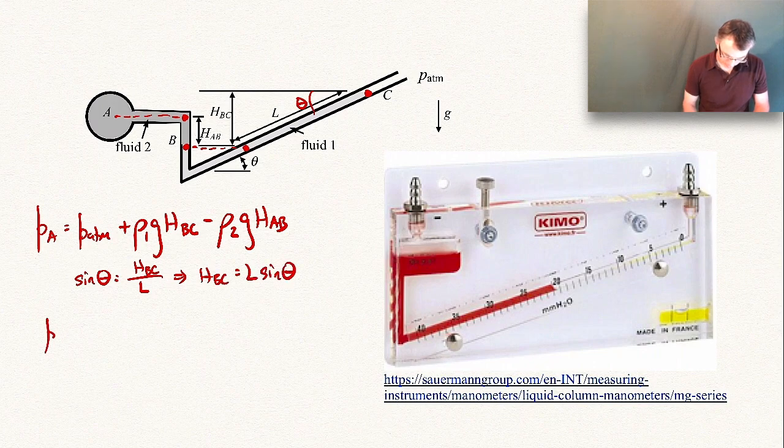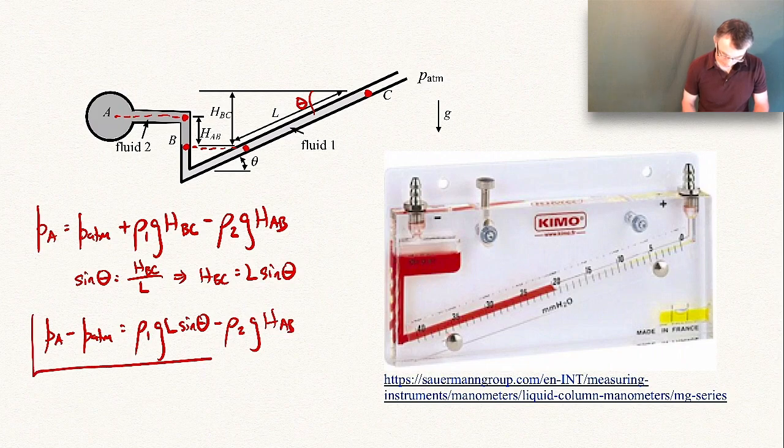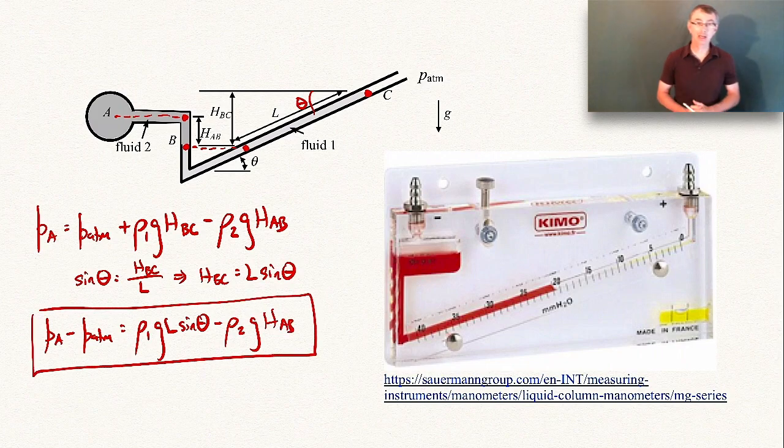So then PA minus P atmosphere is rho 1 G L sine theta minus rho 2 G HAB. So you can see in this inclined tube manometer, we just measure the distance L to get our pressure measurement. Rather than the vertical distance, we just measure the distance at the incline, use a little trigonometry to get the actual vertical displacement.